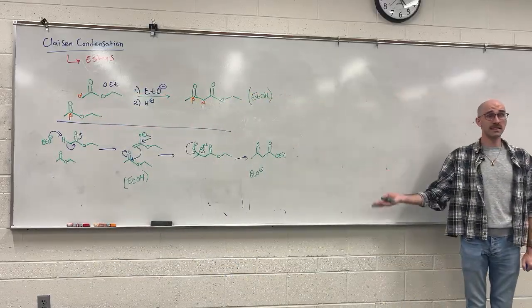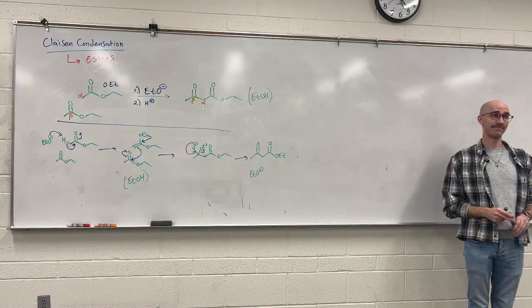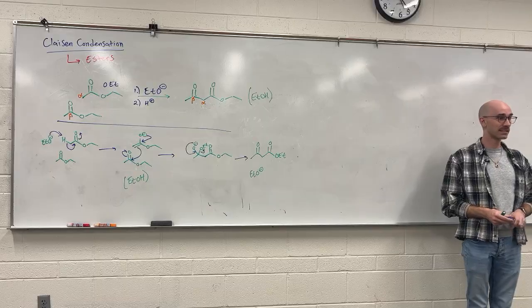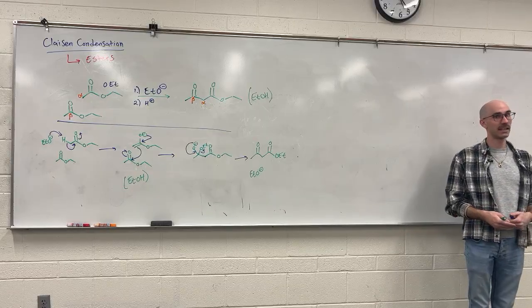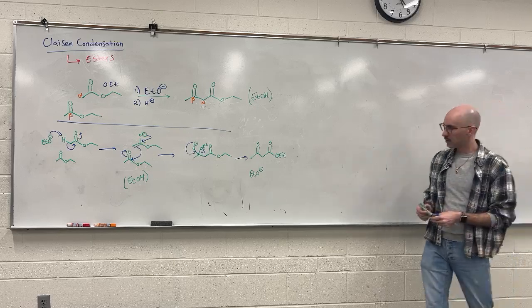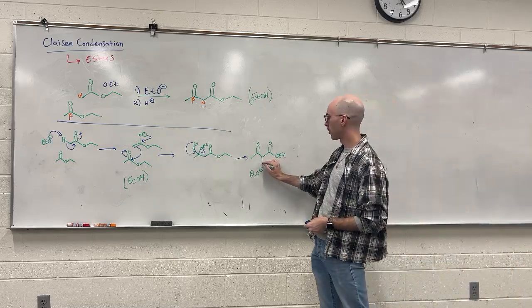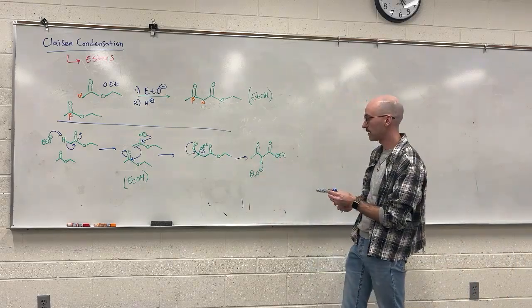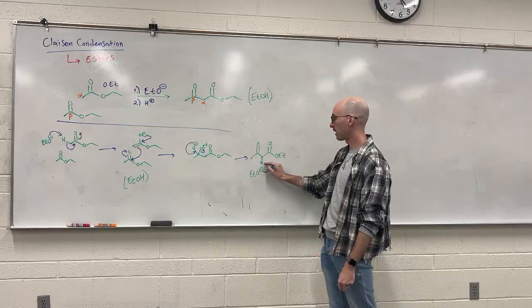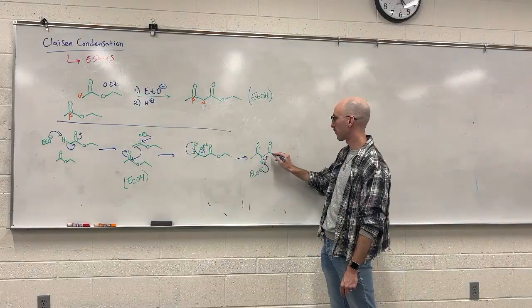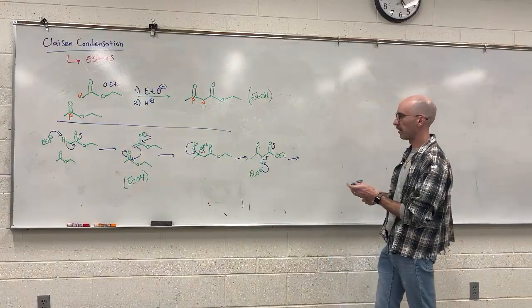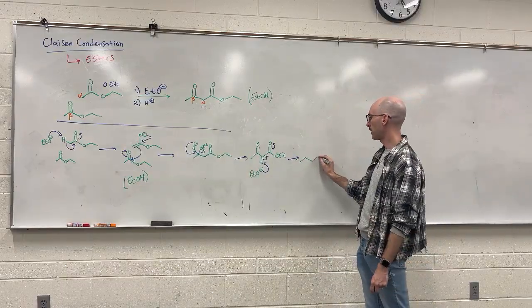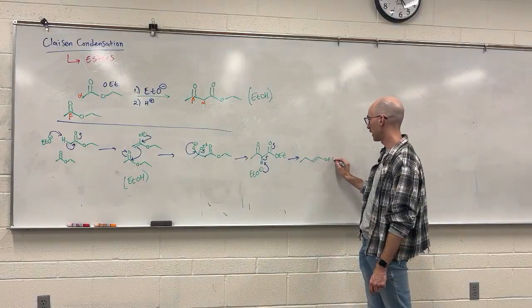Okay, so is this the end of the mechanism? It is not, because again, our acidity has just increased by like a billion-fold. So that catalytic base that was helping this reaction proceed at first is now trapping my product in this enolate form.